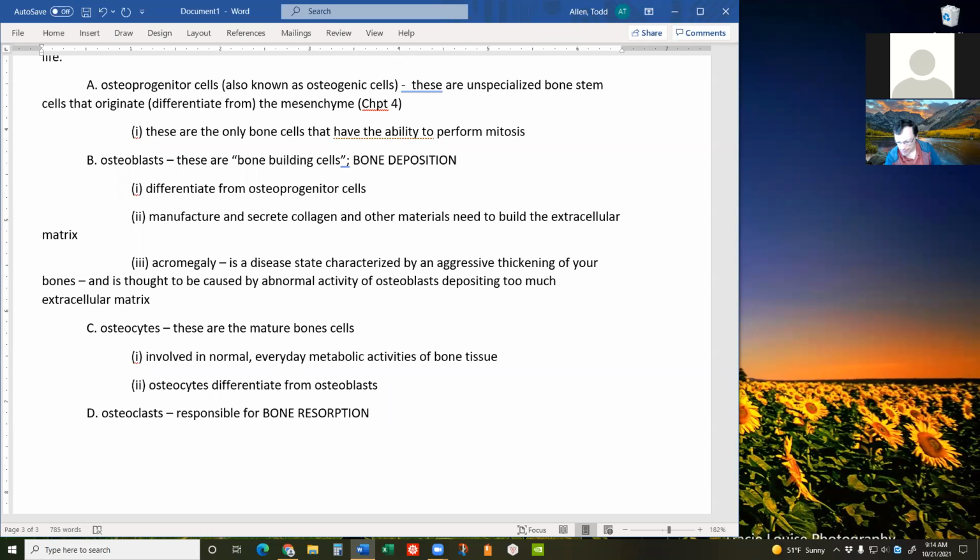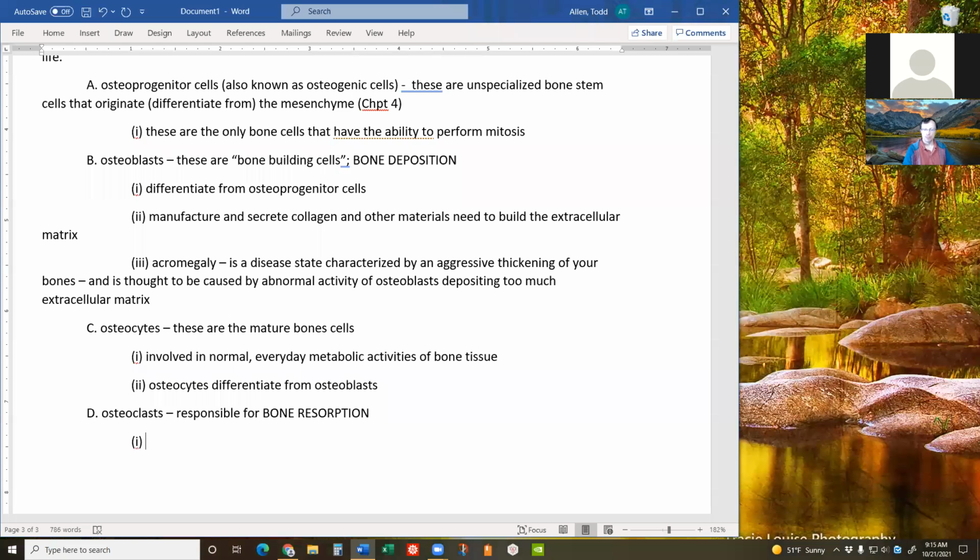And by bone resorption, we mean the breakdown of the extracellular matrix.